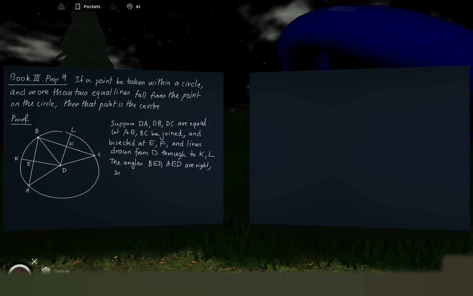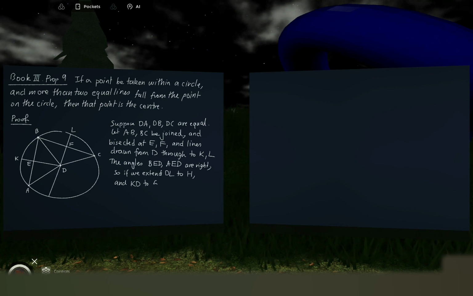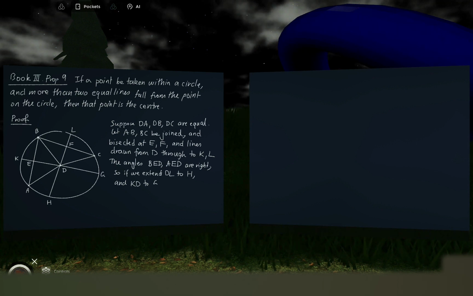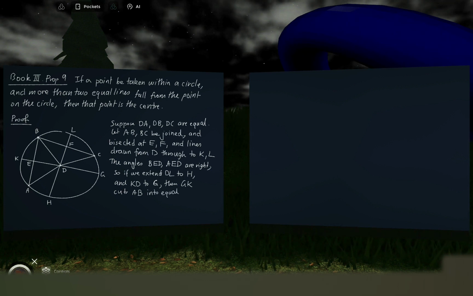Okay, so that means if we extend DL to H and KD to G, this is H, this is G, then GK cuts AB into equal parts and at right angles.